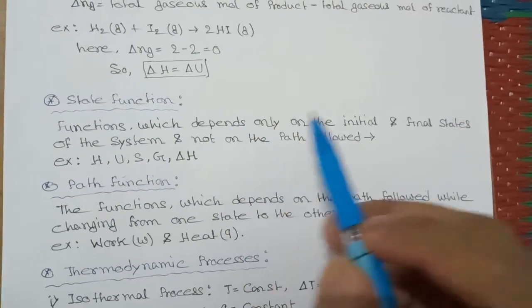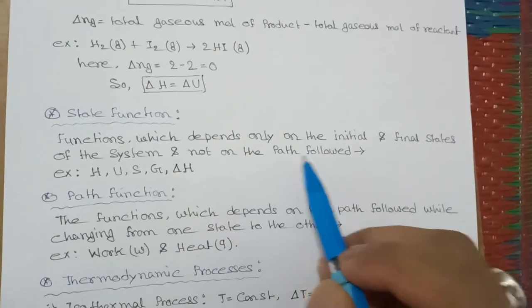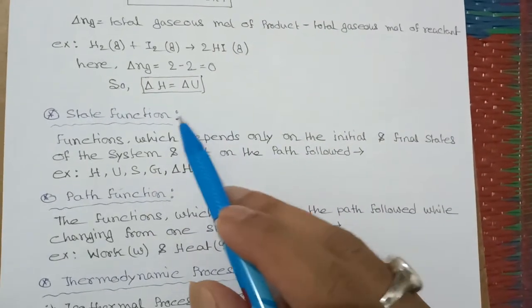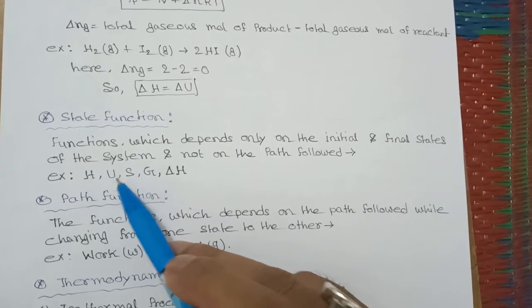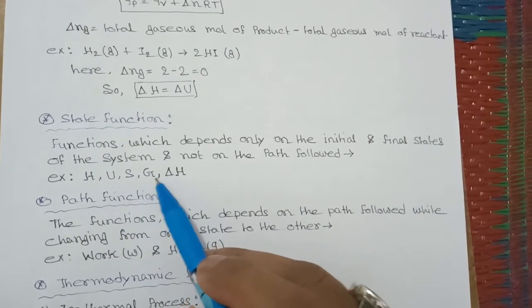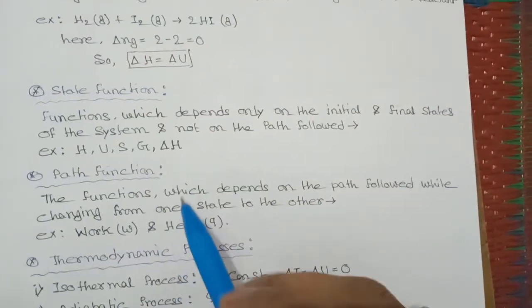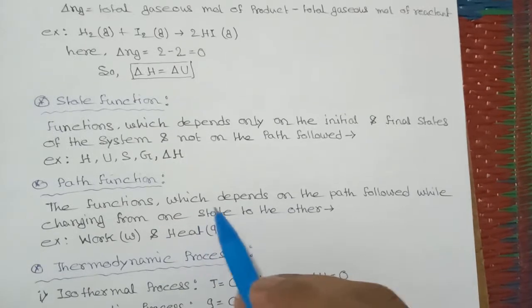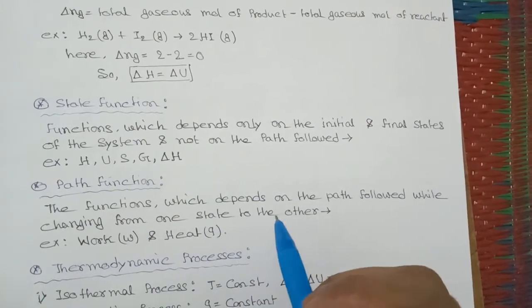Now what is state function and what is path function? Function which depends on the initial and final state of the system and not on the path followed will be called state function. Enthalpy, internal energy, entropy, Gibbs free energy, change in enthalpy, these all are state functions. And path function means the function which depends on the path followed while changing from one state to other.